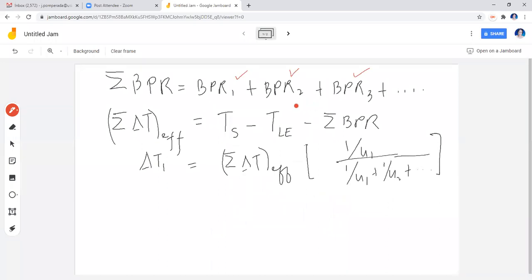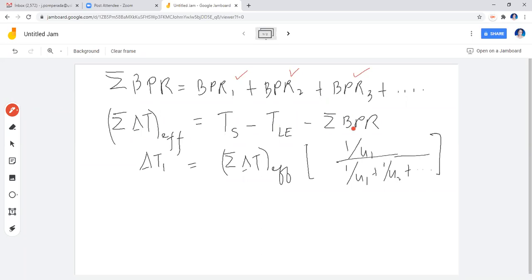You will fully understand if you read the sample problem in Geankoplis, wherein there's no need for you to go to Duhring's chart to find BPR1, BPR2, BPR3. The problem itself gives you a formula based on the solid content of your solution, so that you won't have to go to the Duhring's chart using your saturation temperature and solid content. This time, you only need the solid content and you are already able to find the BPR for each of your effects.